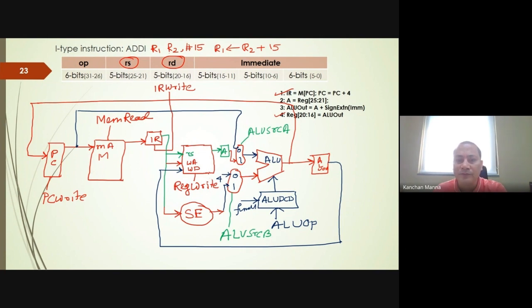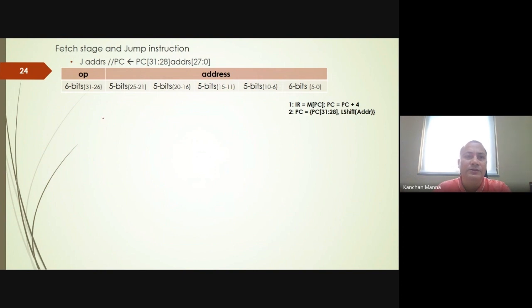Now we'll see the other instruction. Here, this is another jump instruction. This is an unconditional jump. If you remember, this is the format. So we load the PC with a new value. The new value here is not the actual address; it is the number of locations to be jumped.